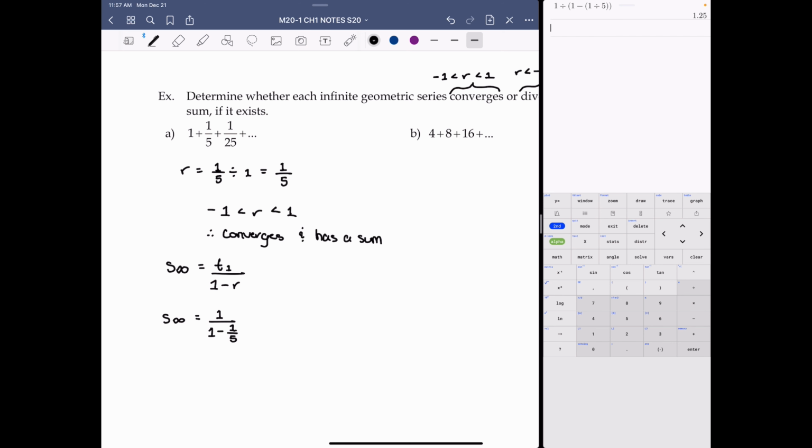And this is a nice decimal. If it wasn't, you'd want to write it as a fraction. So I can write it as a fraction. S infinity equals 5 over 4. Or we can write that as 1.25 since this is a terminating decimal and we don't need to round.